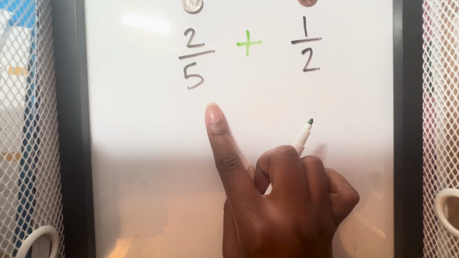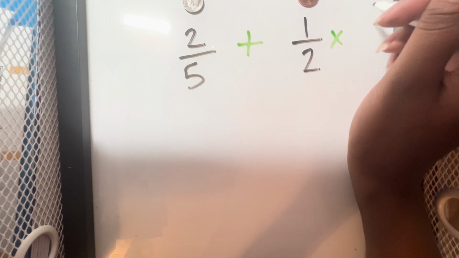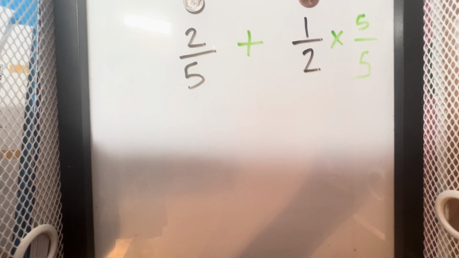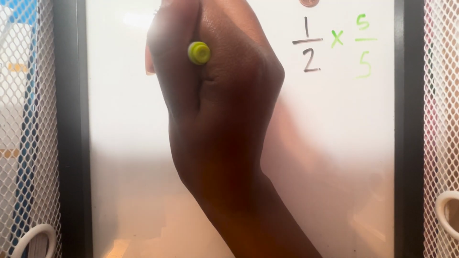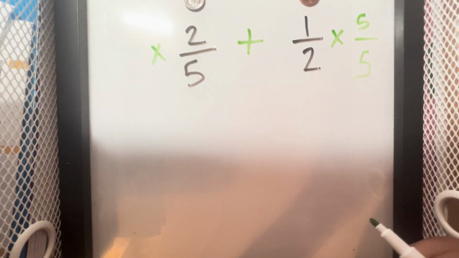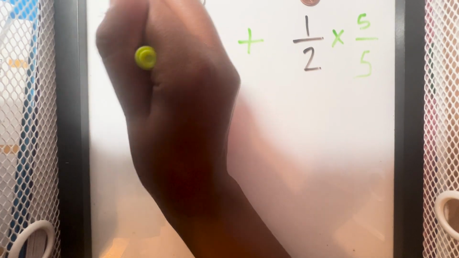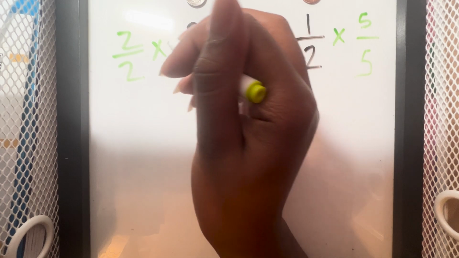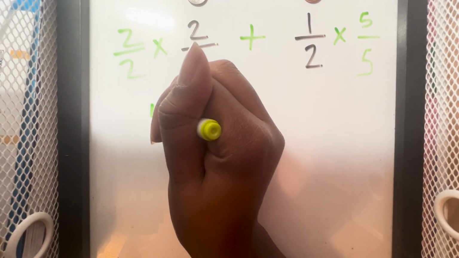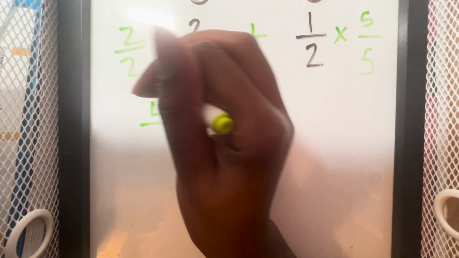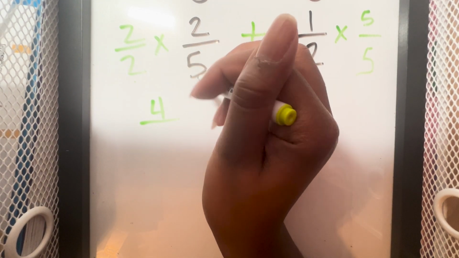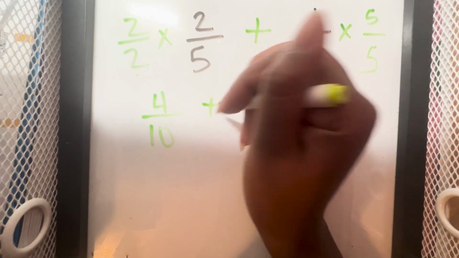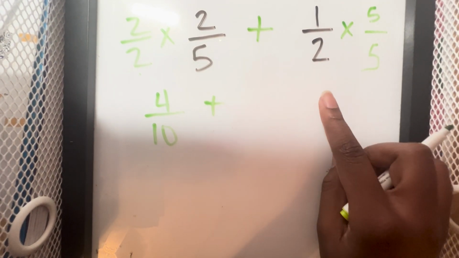So we can take 1/2 and multiply it by 5/5. And then we can take 2/5 and multiply it by 2/2. And so we are going to take 2 times 2, which is equal to 4, and then 2 times 5, which is equal to 10. Keeping our addition sign, and then we're going to do the same on the other side.